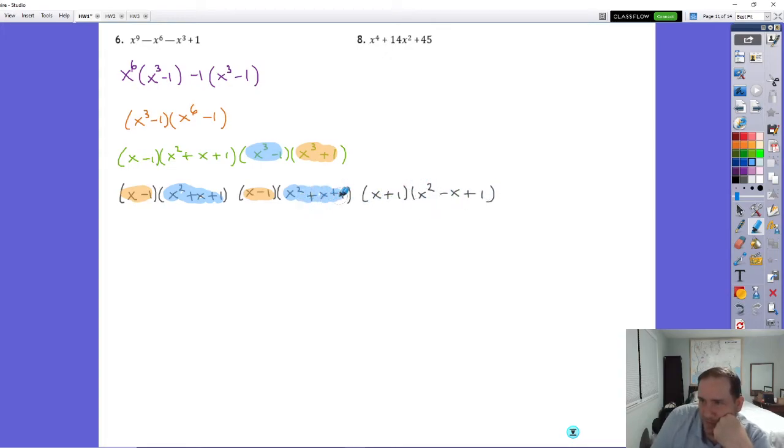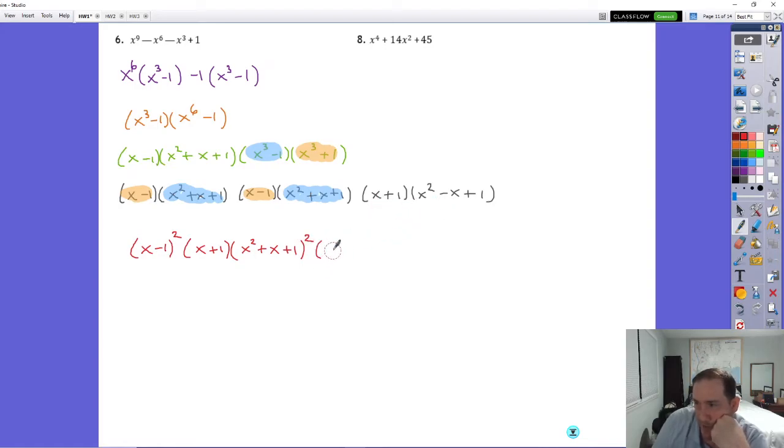And these are different. So the best we can do to express our answer is the x minus 1 squared and an x plus 1. Then an x squared plus x plus 1, that's squared.